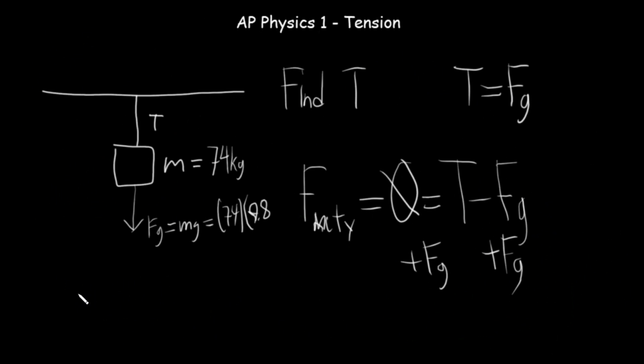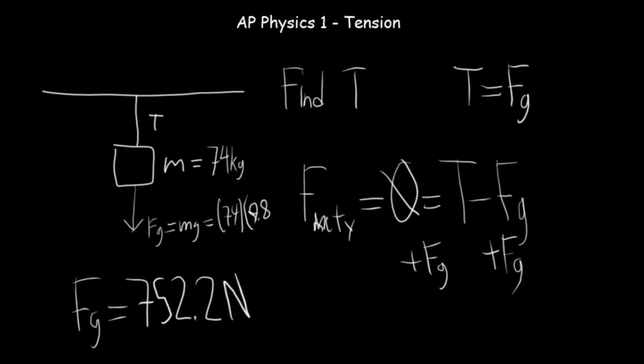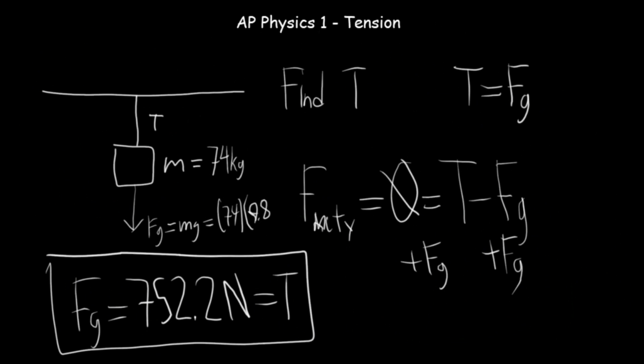That gives you 752.2 newtons. Why is this lagging so much? And remember, our tension is equal to our force of gravity, as we discussed earlier. So our tension is pretty much 752.2 newtons.